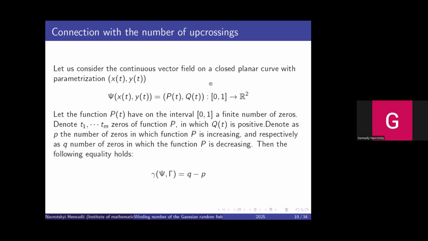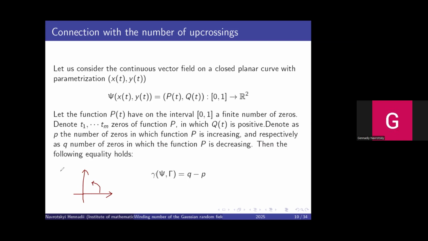Clear? So we can just go here, small image. So when our vectors rotate here, then they cross the point x equal 0 and y greater than 0, and the x component is decreasing.